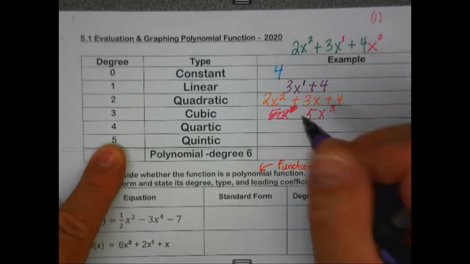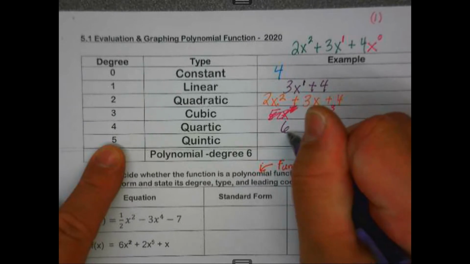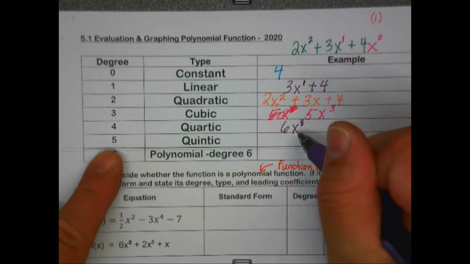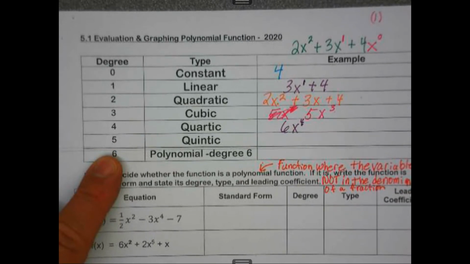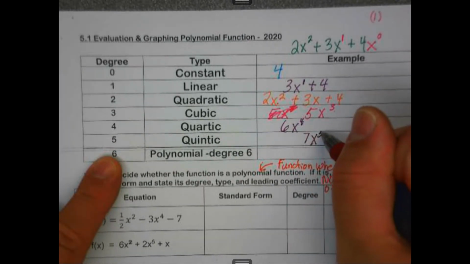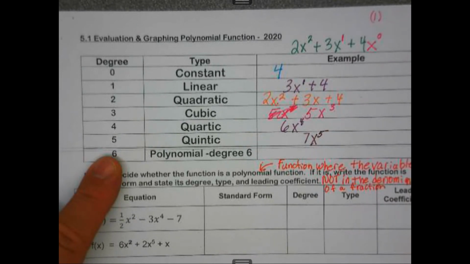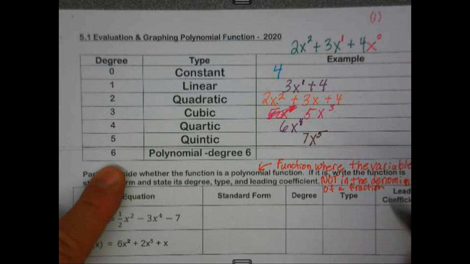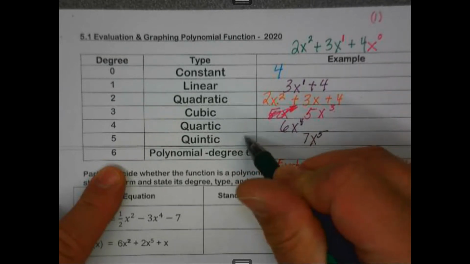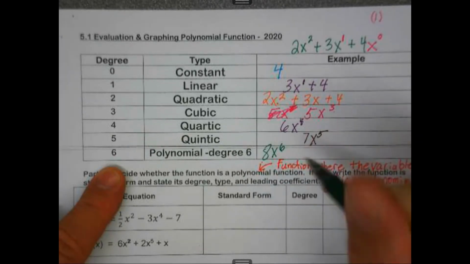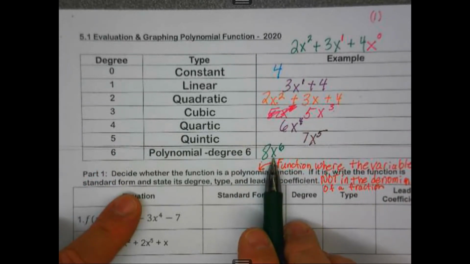Degree 4 is a 4 for the exponent of the variable. Quintic, 5 for the exponent of the variable. 6, well, this one, anything after 5, degree 6, we just say, hey, that's a polynomial with degree 6.